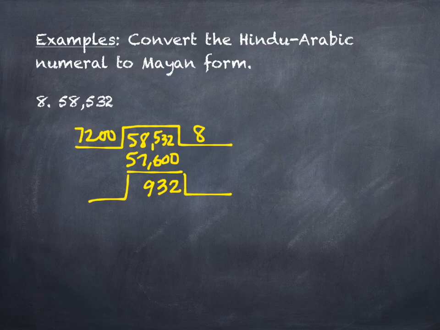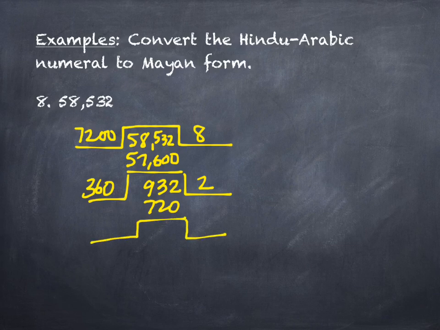What's the next place value down from 7,200? 360. All right, how many times will 360 go into 932? Twice. What's 2 times 360? 720. What is 932 minus 720? 212.